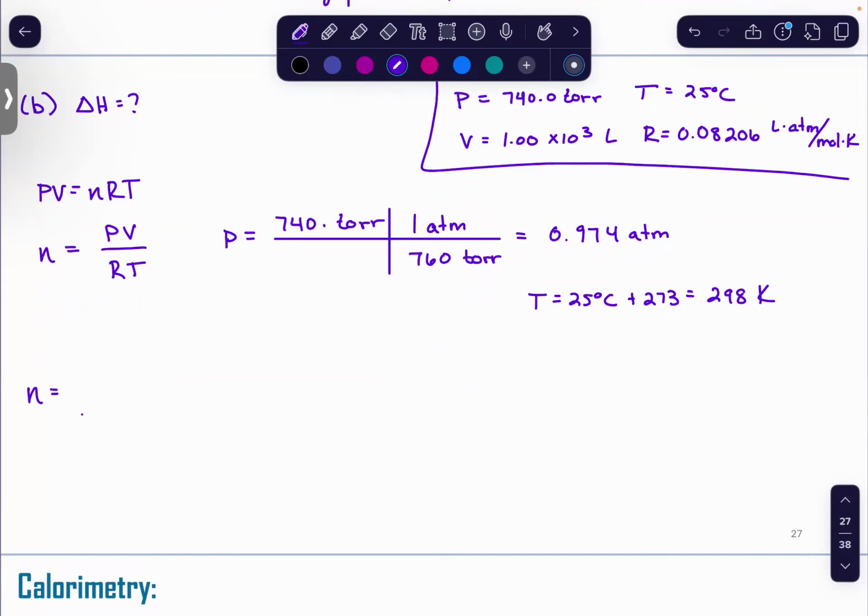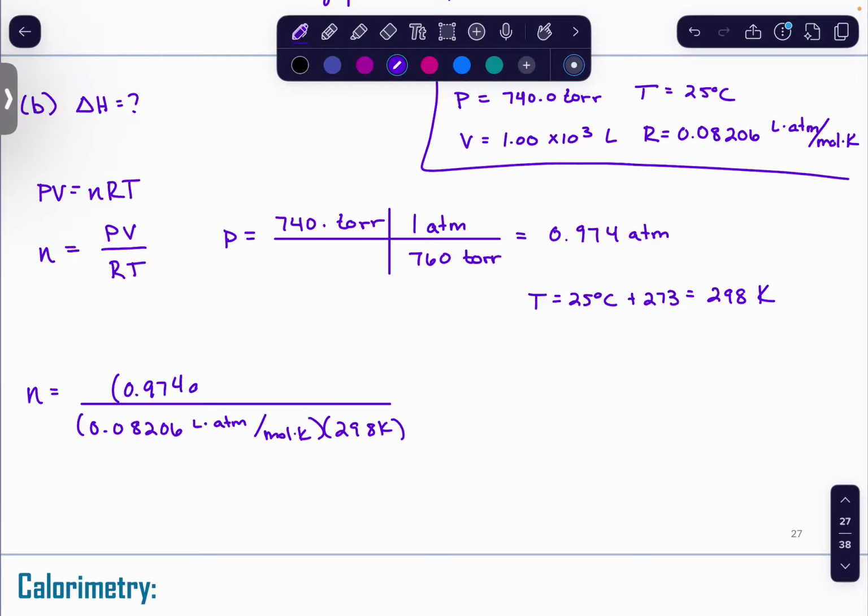Okay, so R, 0.08206 liter atmospheres over moles kelvins. Temperature is 298 K. Pressure, 0.974 atmospheres.